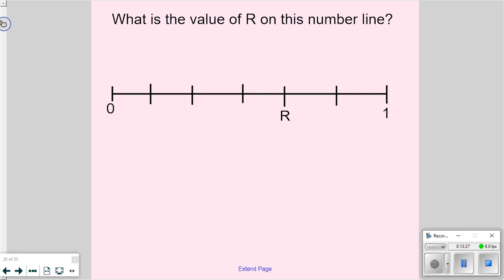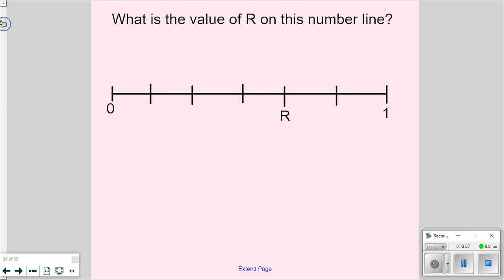Because we're trying to figure out what it equals. Yeah. But I actually know. It is a spot saver. Bryson, why is there an R in the middle of my number line? So you can figure out what the number is on it. It is a spot saver. We know a number goes there. We got to figure it out.